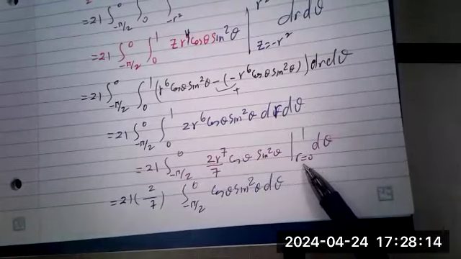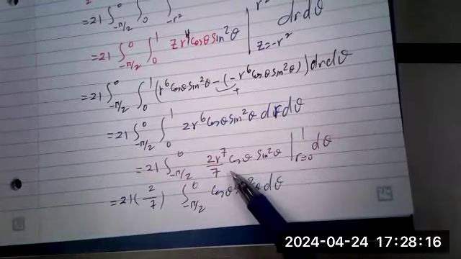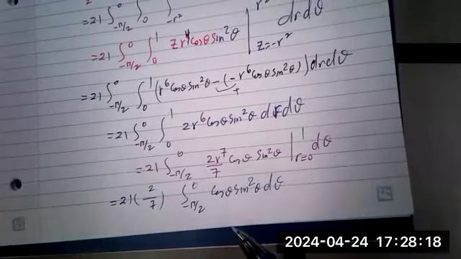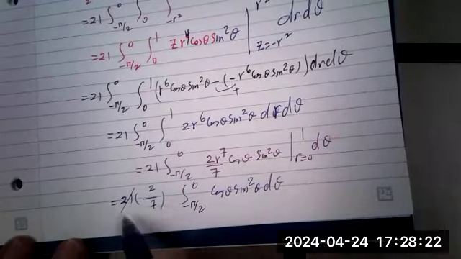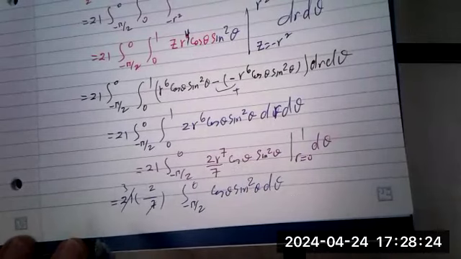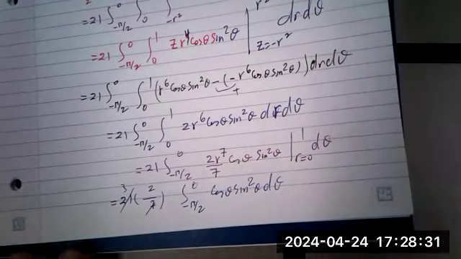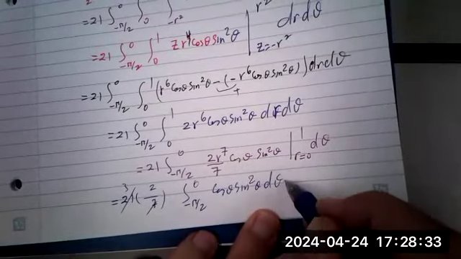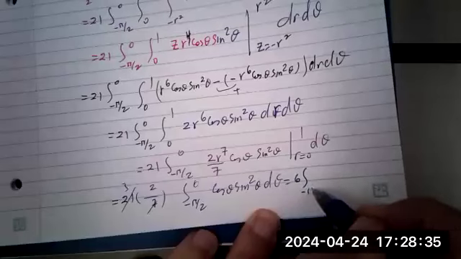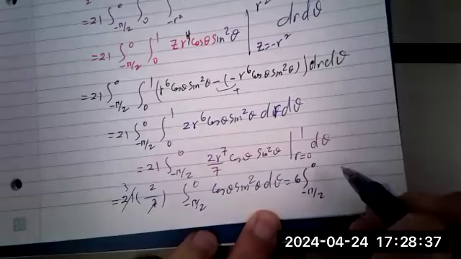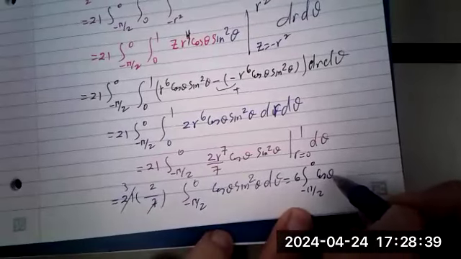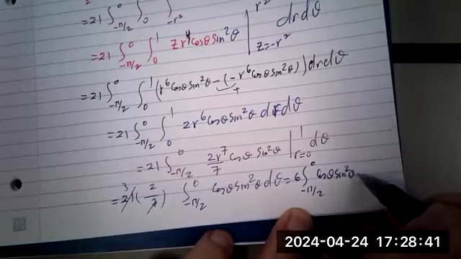If you replace r by 0, that gives you 0. I pull out the 2 over 7, so I can simplify it now. I can simplify these two, so that gives me 3 times 2, which is equal to 6. So you have to integrate 6, negative pi half to 0, cosine theta, sine squared theta, d theta.